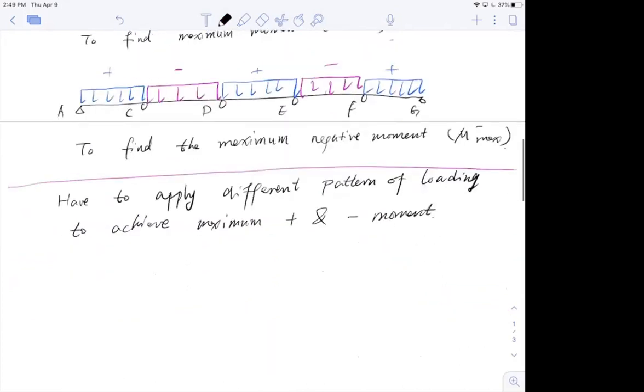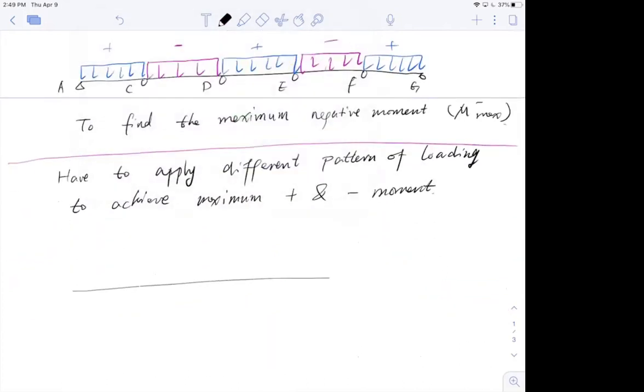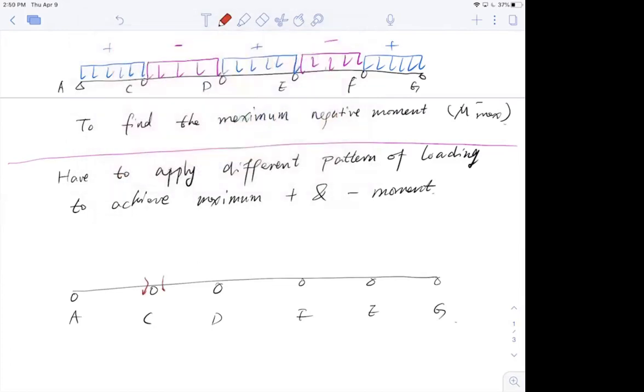What if I want to do a moment for A, C, D, E, F, G? So what if I want to do a negative moment at C, right? So for instance, if my influence line for negative moment C is going to go like this.